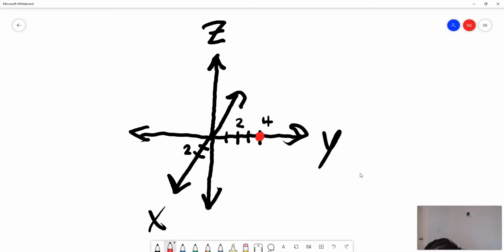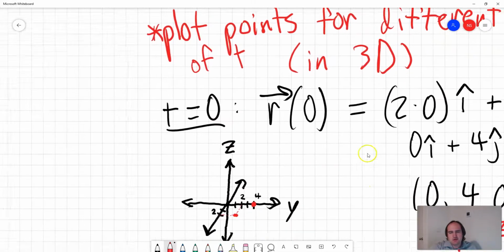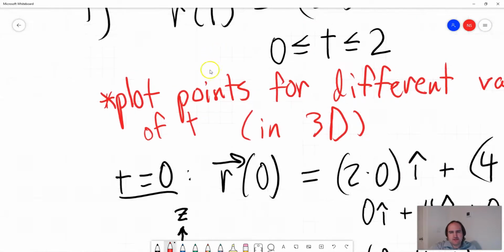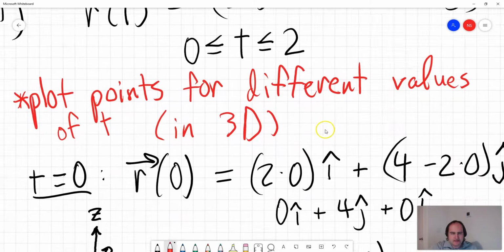So that point is going to be right about here. Okay? And then just to get a better graph, we're going to graph one more point after this. So we did t equals 0, we did t equals 1, and now we're going to do t equals 2. So t goes from 0 to 2, and it just seemed easy to me to choose 0, 1, and 2 as our different values for t, for plotting points.